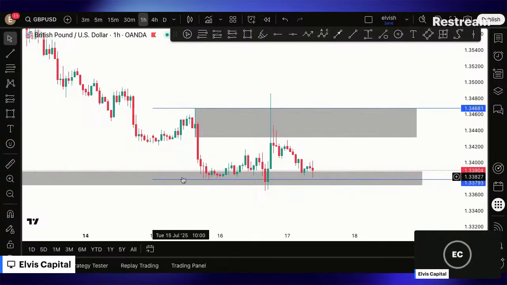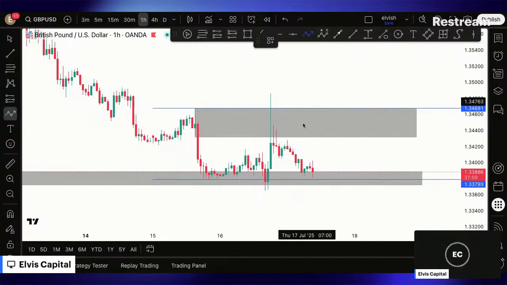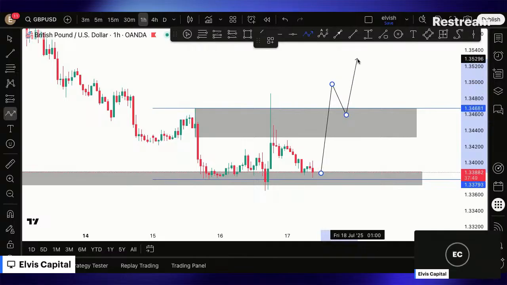We don't see any trade here. So we wait for price to break this zone to the upside, retest, becomes a flip zone, then we continue to the upside, right?